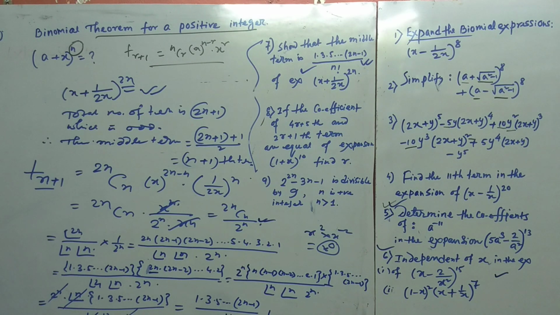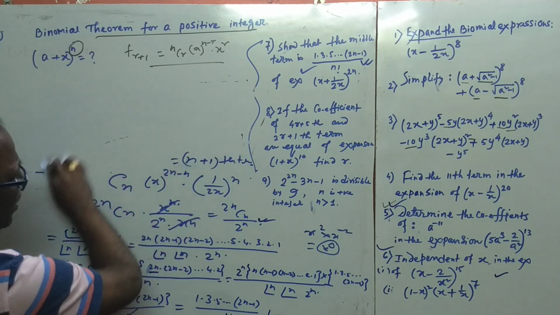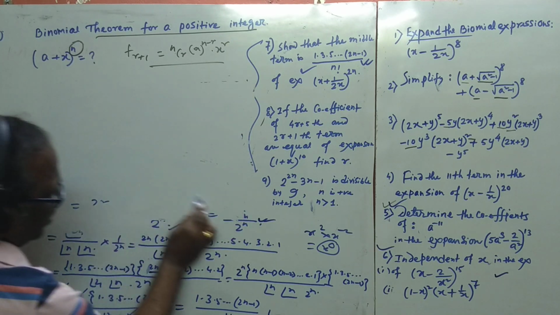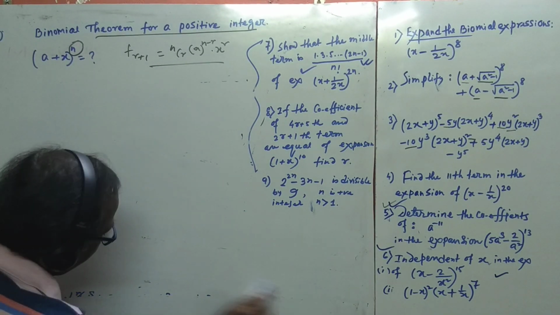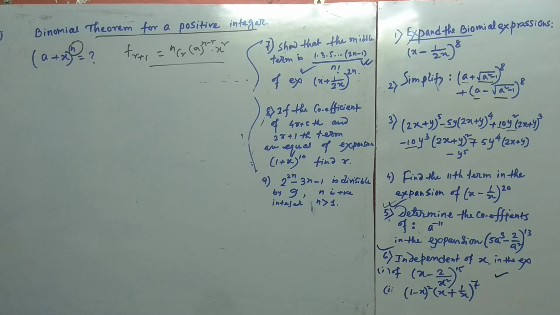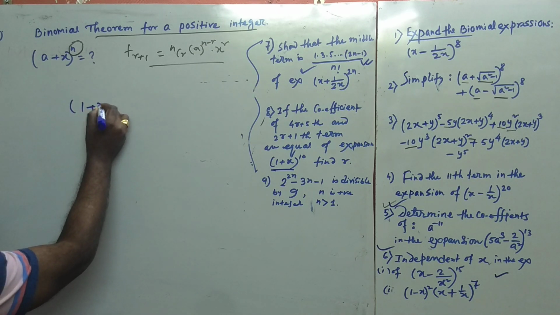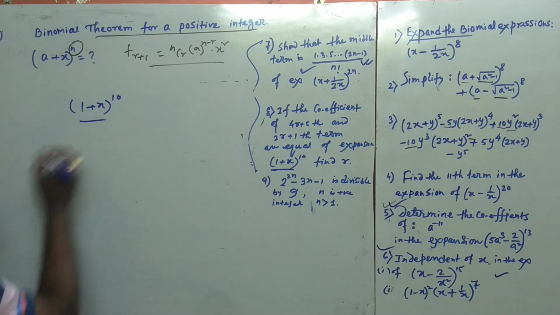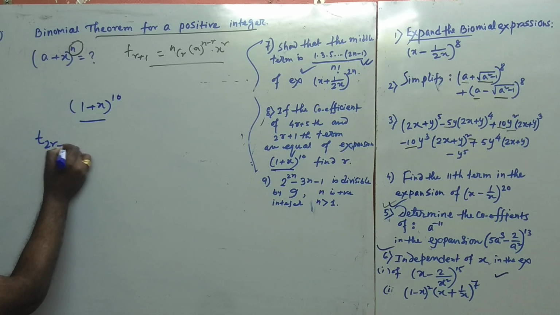Now, see question number 8. If the coefficient of the expansion of this, that is the expansion written here, 1 plus x to the power 10, and find t suffix 2r plus 1.